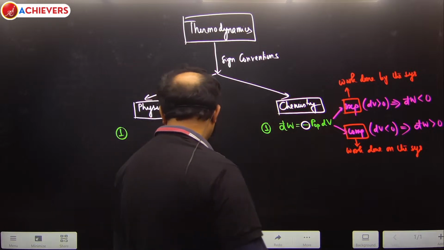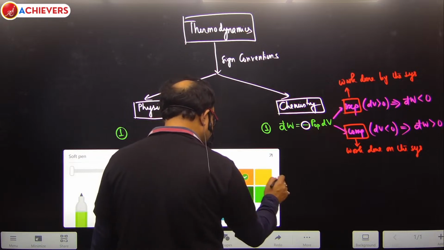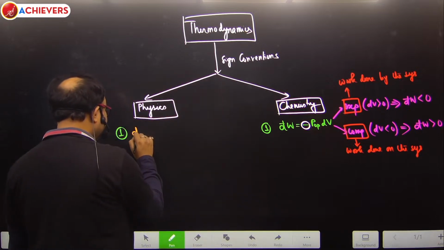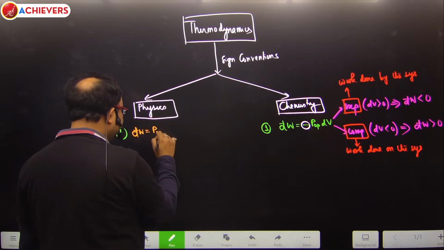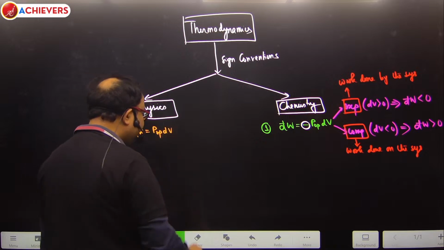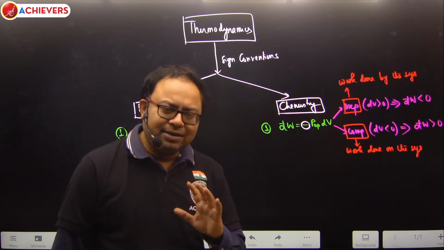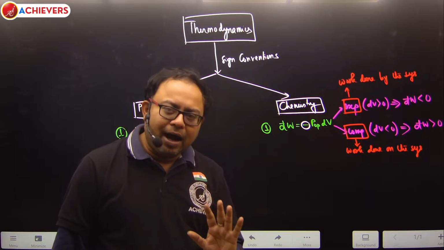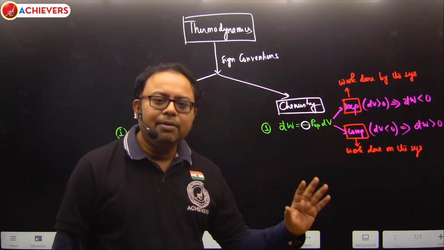Now, in physics, you don't have any negative sign. d cut W is just simply POP dV. Here one assumption is made. We are considering solely mechanical work.